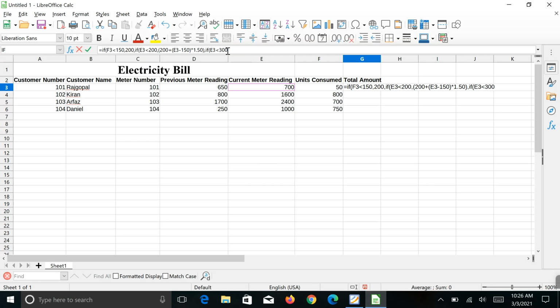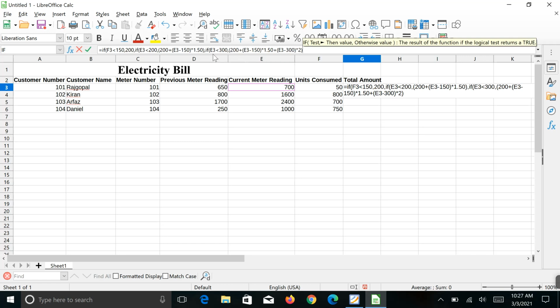Then another 100 units charged at the rate of 2 rupees. So 200 plus E3 minus 150 into 1 rupee 50 paise, plus E3 minus 300 into 2 rupees.